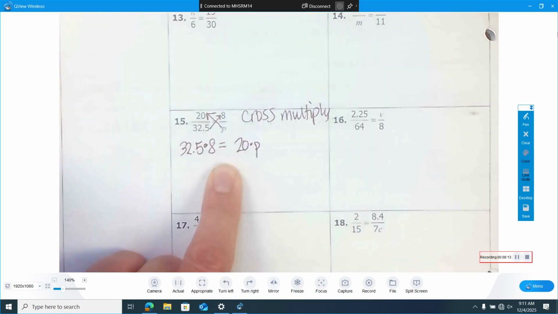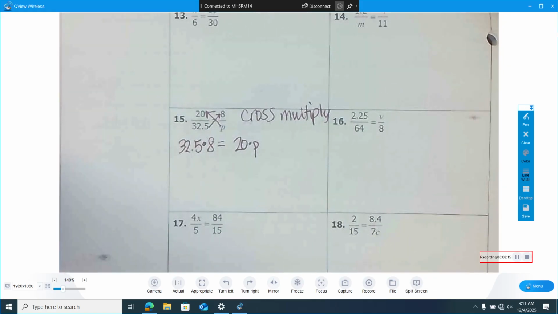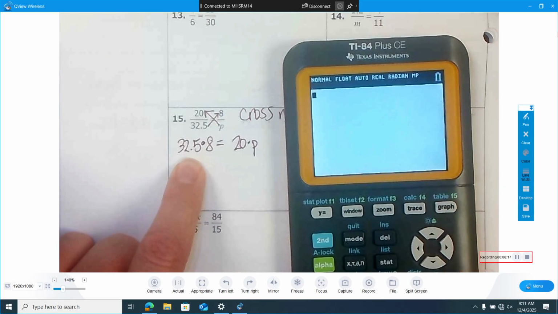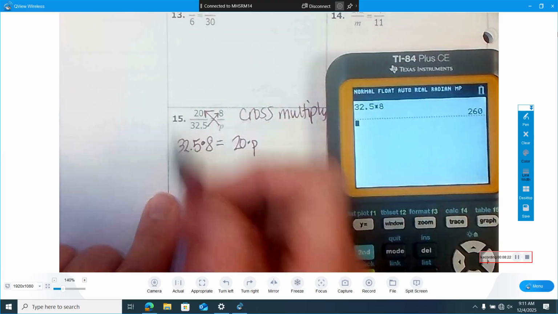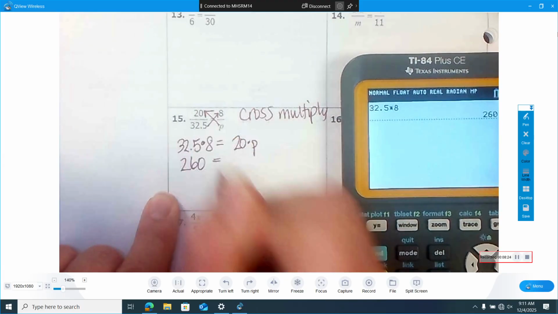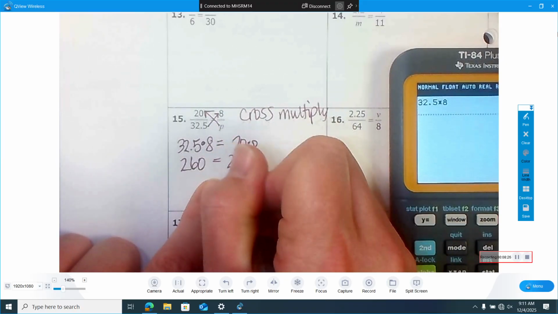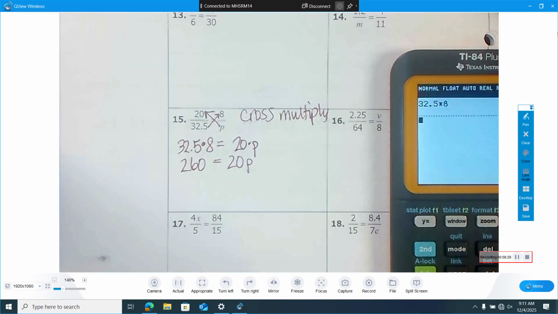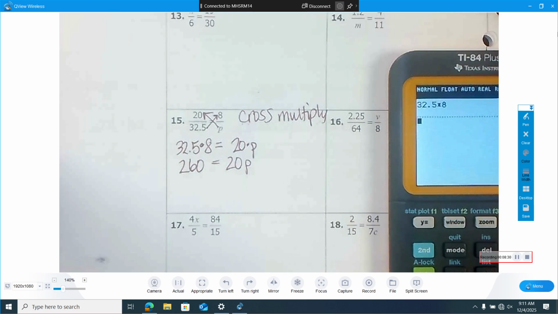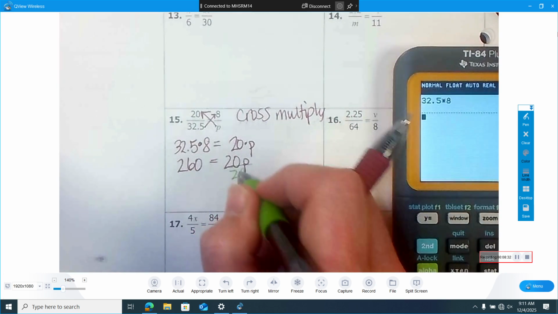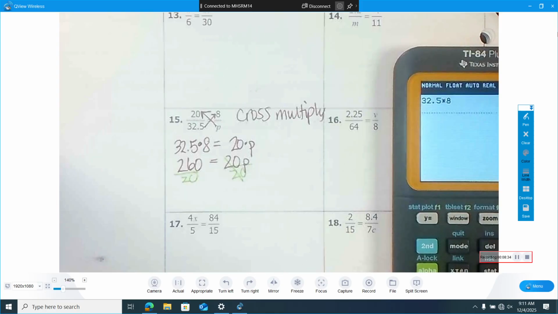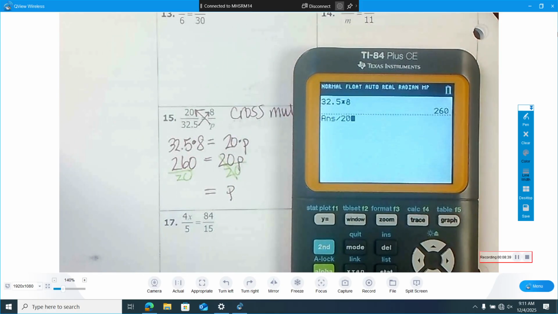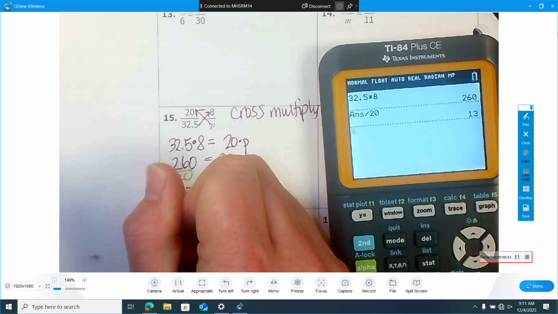I don't know what 32.5 times 8 is. 260, beautiful, equals 20P. How do I get P by itself? Divide by 20, divide by 20. So P is all by itself, and 260 divided by 20 is 13.